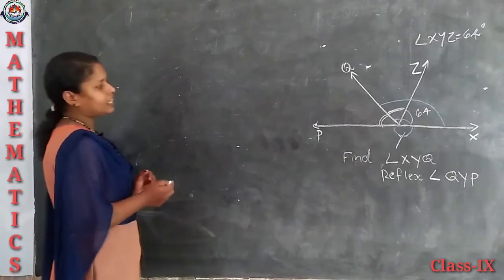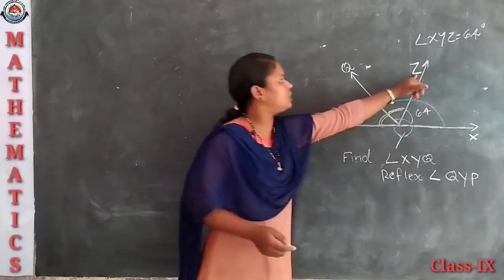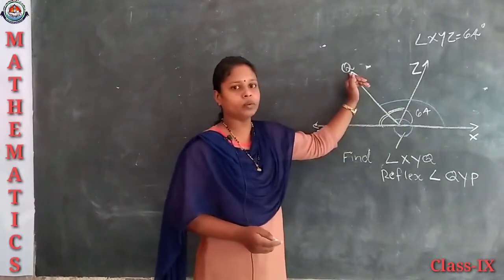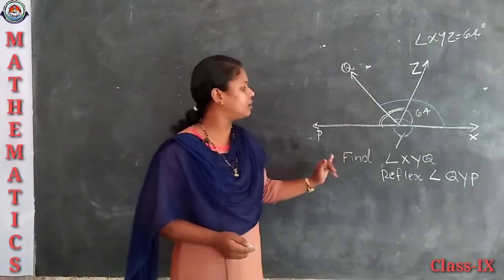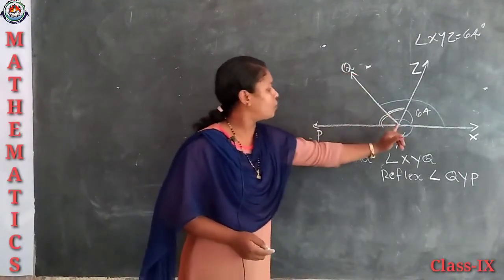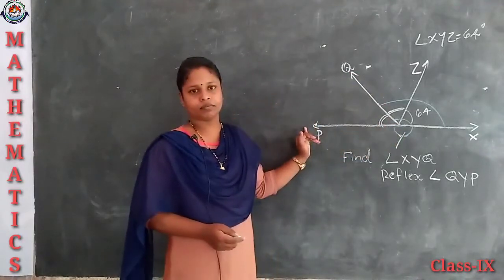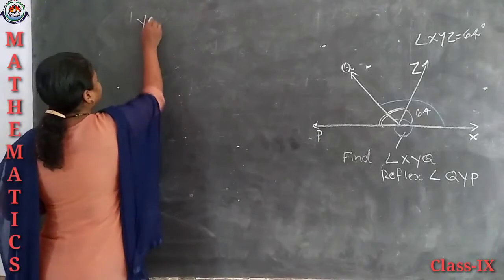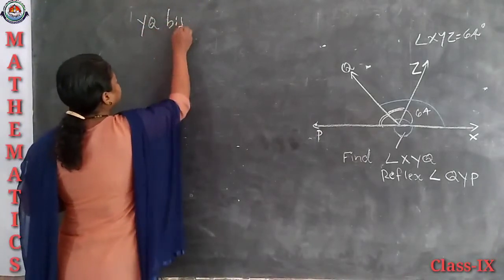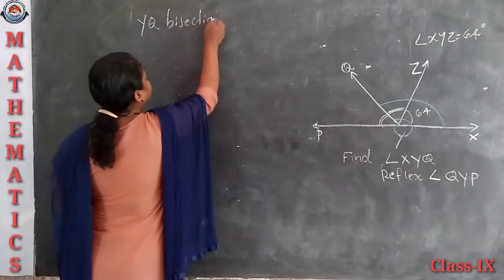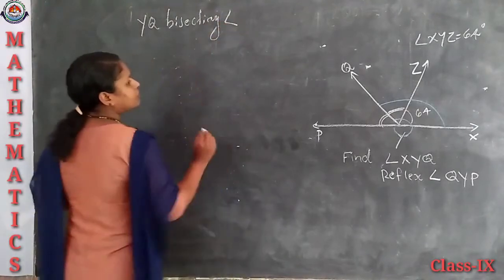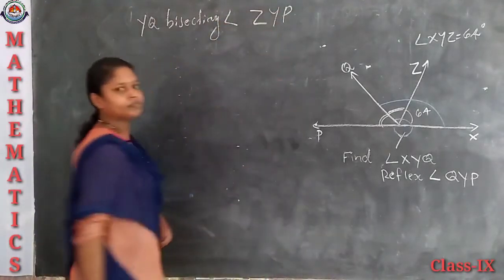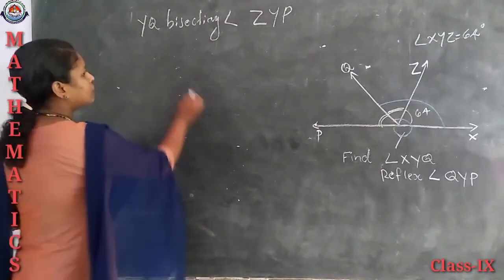So we can say that angle ZYQ is equal to angle QYP.